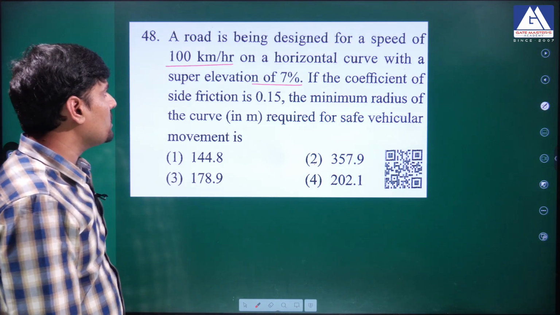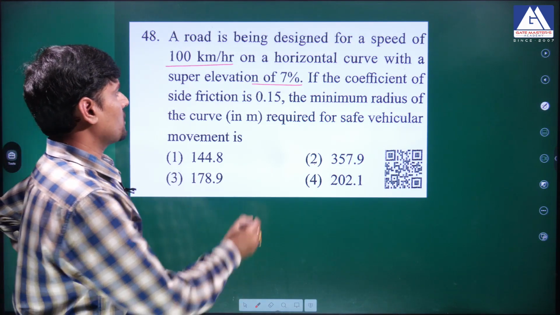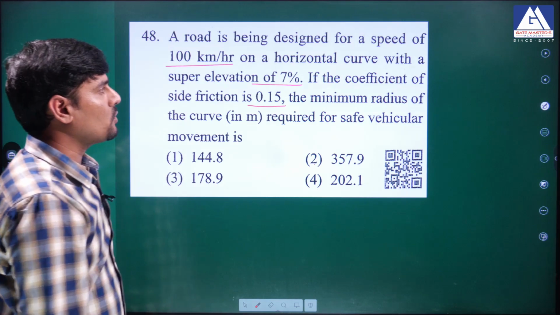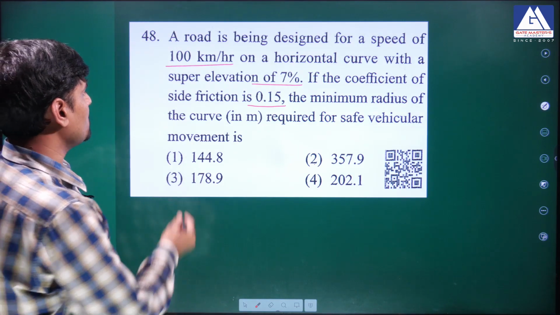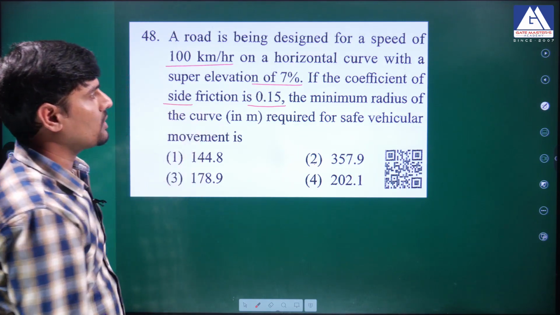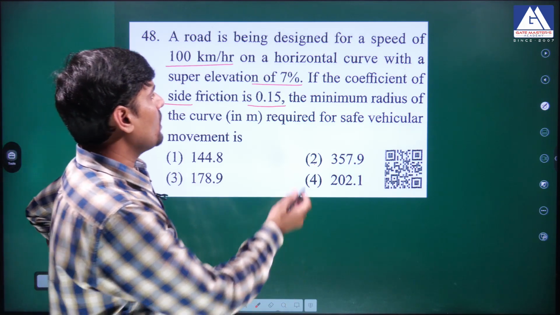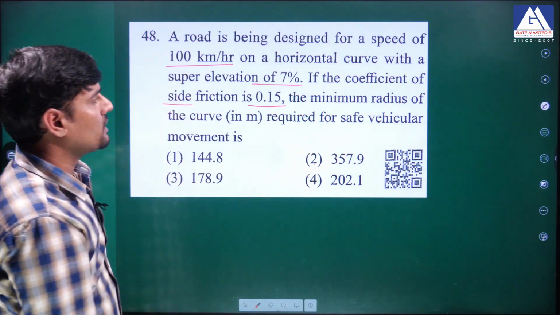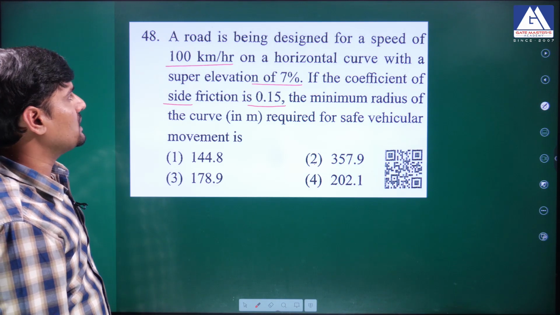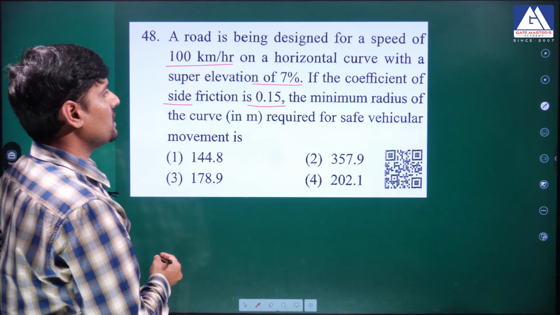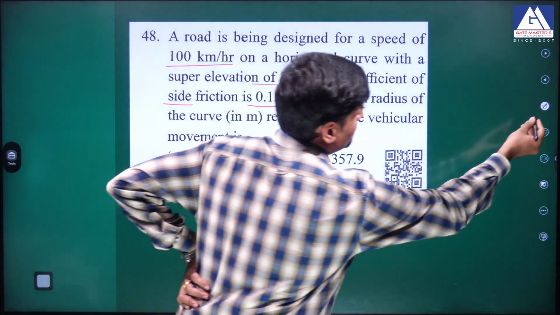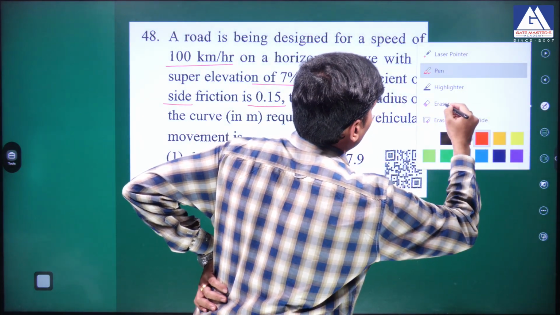Speed, super elevation and the lateral coefficient of friction are given. Side friction means lateral coefficient of friction, so do not confuse that terminology. The minimum radius of the curve required for safe vehicular movement is being asked.